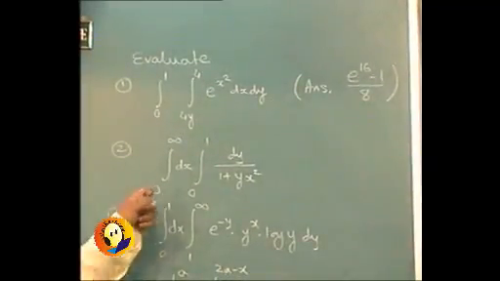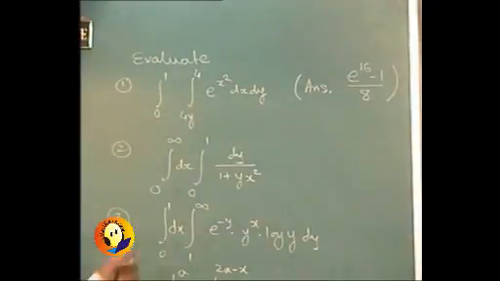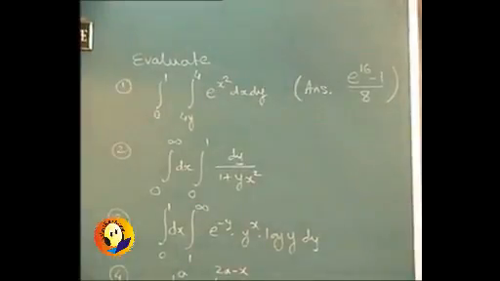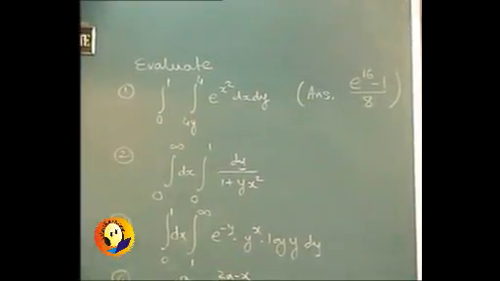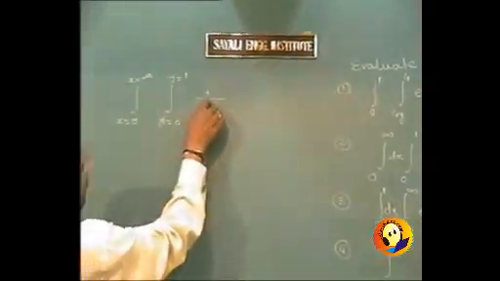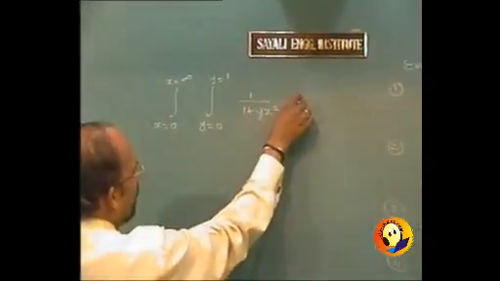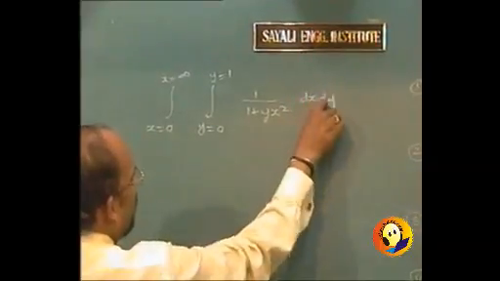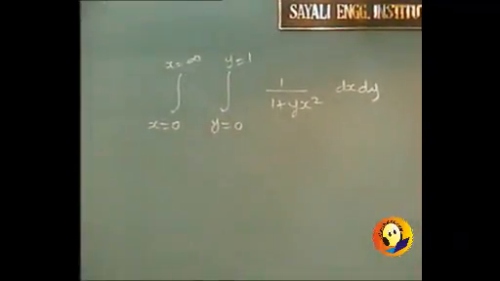In the second case, limits are constant. Outer integral indicates that these are limits of x, inner integral are limits of y. So it can be written as integral x equal to 0 to x equal to infinity, integral y equal to 0 to y equal to 1 upon 1 plus yx square dx dy, or dy dx, whatever.